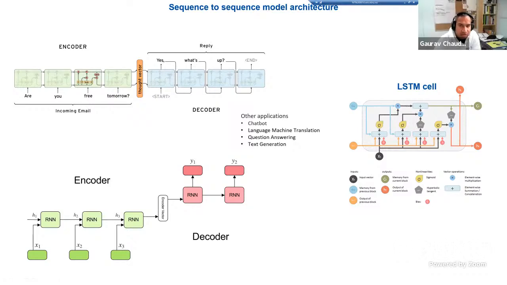We can use the sequence to sequence model architecture, which the professor has already talked about. So I don't need to go more into it, but it's pretty explanatory till now that we put in a sequence and we get a sequence out. Both the incoming sequence and the outgoing sequence can have different lengths.